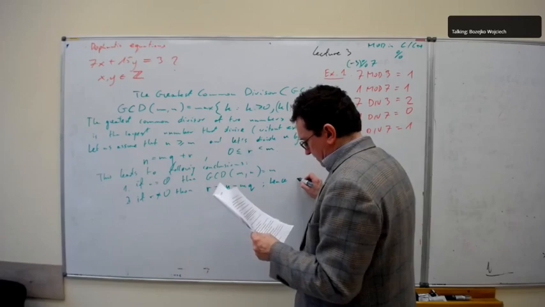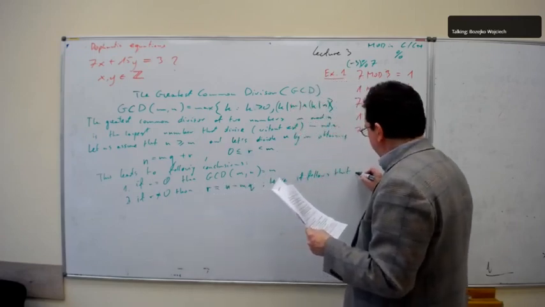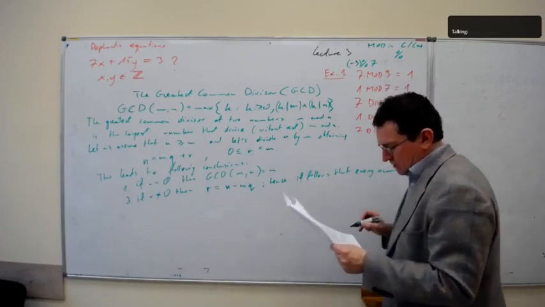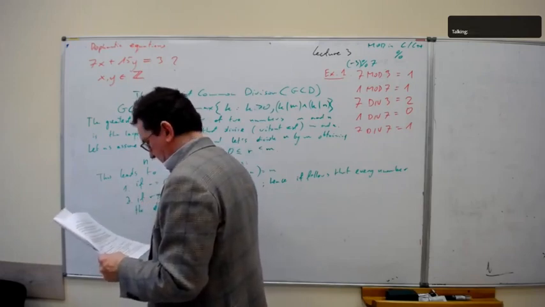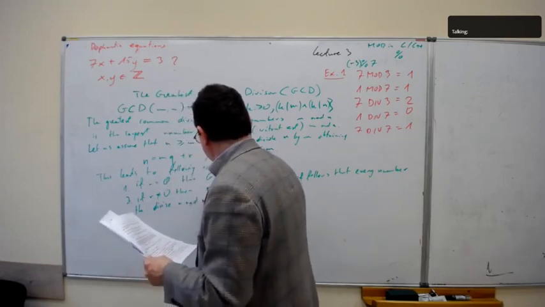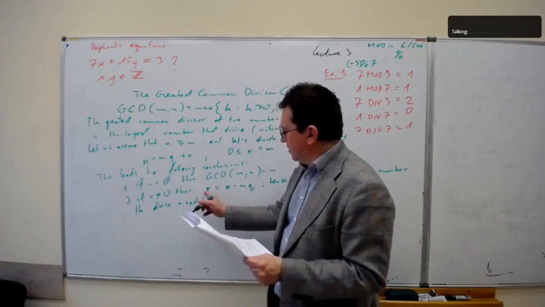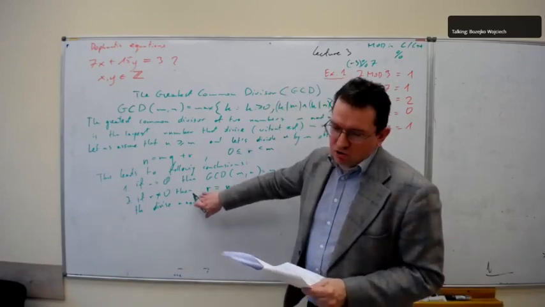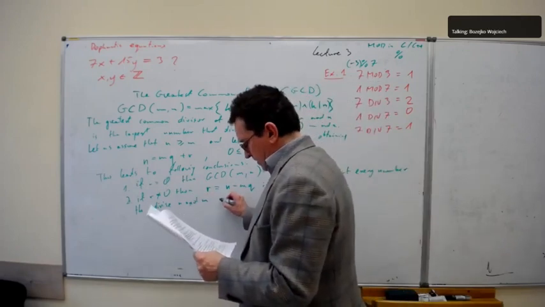Hence, it follows that every number that divides n and m also should divide r, because if something divides this right side, it should also divide the left side.